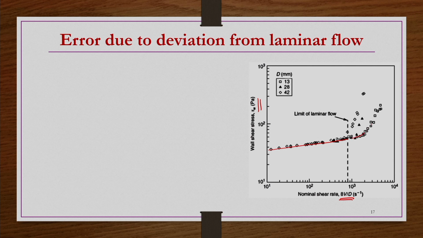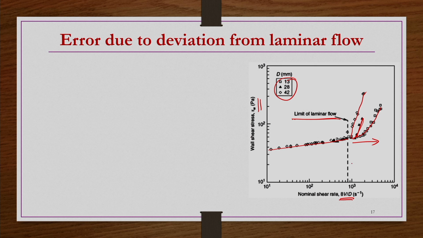There is a sudden change in slope, whatever the diameter of capillary you take. For different capillary diameters the information is shown here. You can see a sudden change in slope if the flow is crossing the laminar limit. Then the wall shear stress versus nominal shear rate curve on a log scale would experience a sudden change in the slope, right.